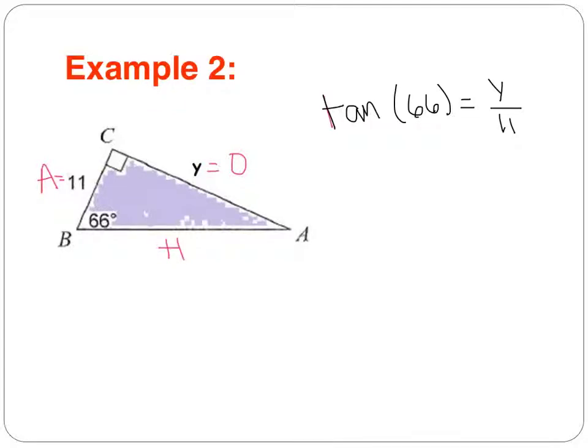In order to solve for y again, we will go ahead and multiply both sides by 11, so that we have 11 times tangent of 66 equals, those will cross out, and you'll have y. Again, this answer is practically correct, unless you want to go ahead and use your calculator to find out the length of y in a decimal form.